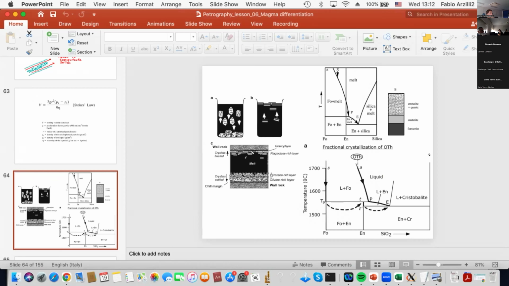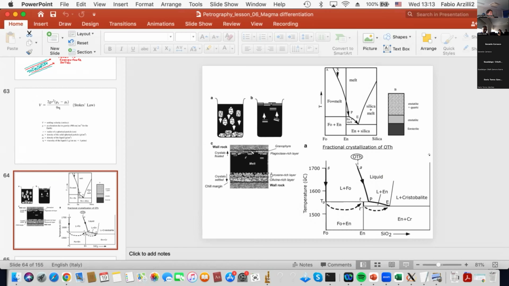From the right, no, no. Because what you consider is the new things that you can do. It's starting from an intrusive rock.